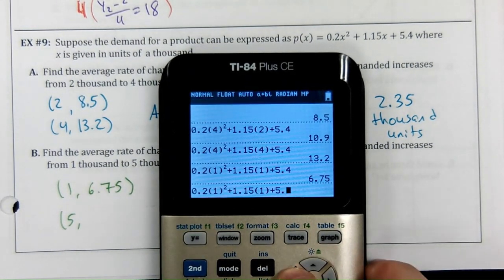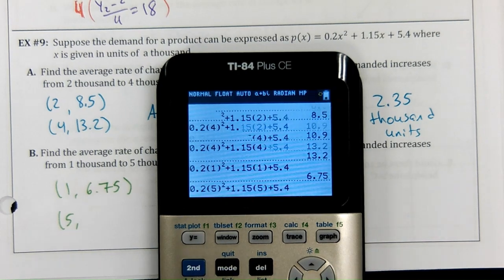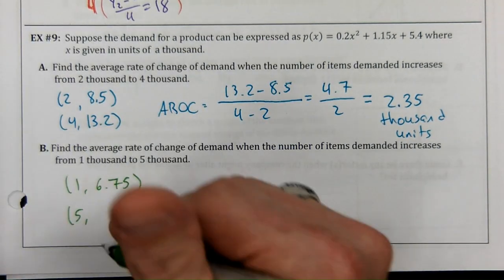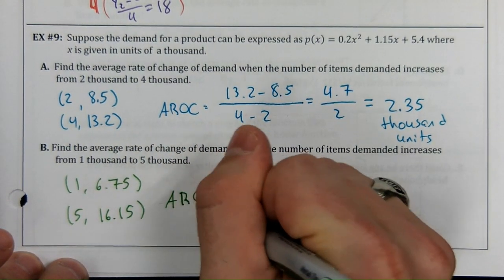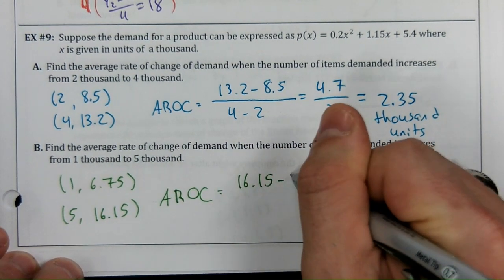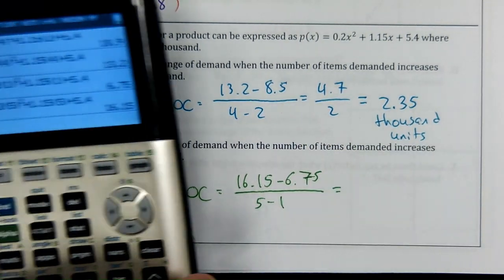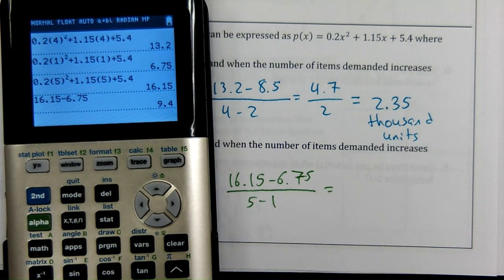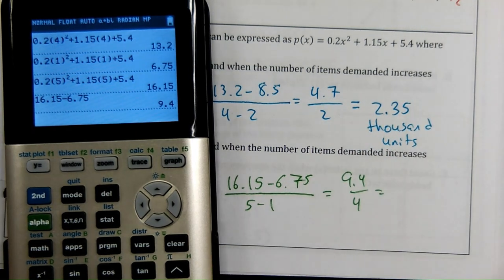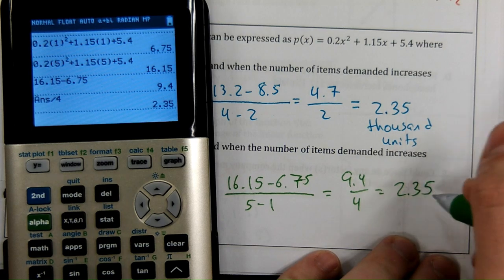And where there's a 1, I replace it with a 5. 16.15. All right, 16.15 minus 6.75 is 9.4 over 4. Hey, how about that? 2.35 again. That's really interesting.